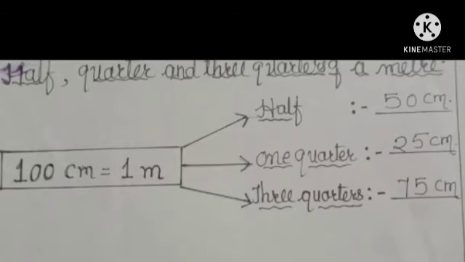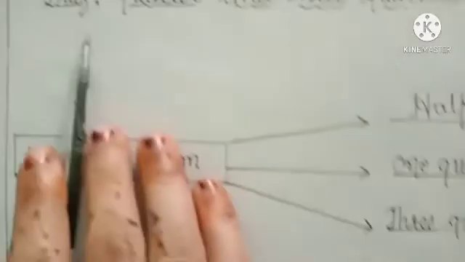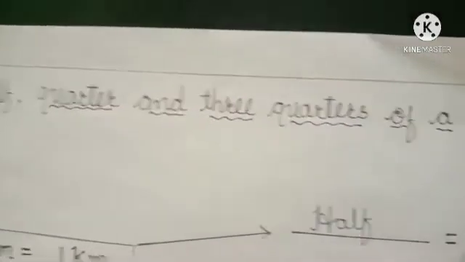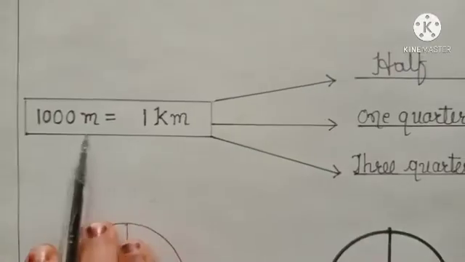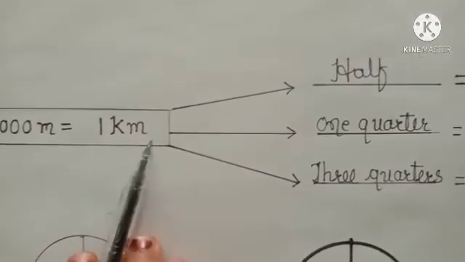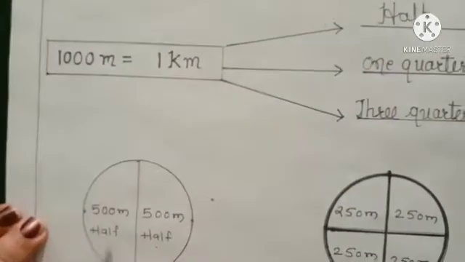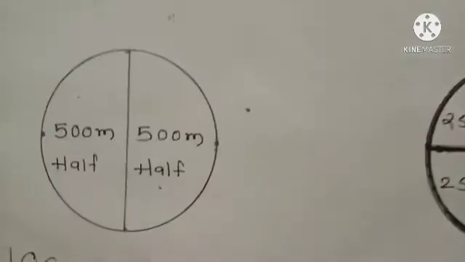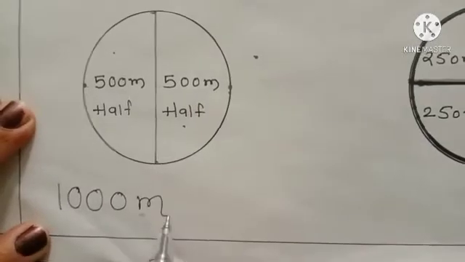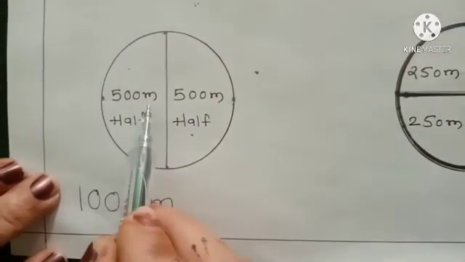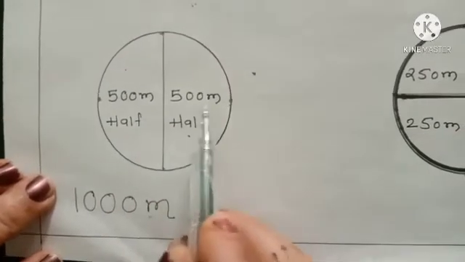Now we'll see about the kilometers. Half, quarter and 3/4 of a kilometer. Now you know that 1000 meter is equal to 1 kilometer. If we make the equal two parts of this 1000 meter, it will be distributed in 500 meter and 500 meter.